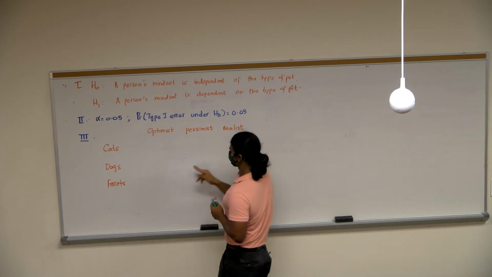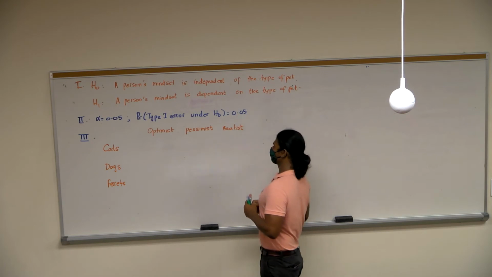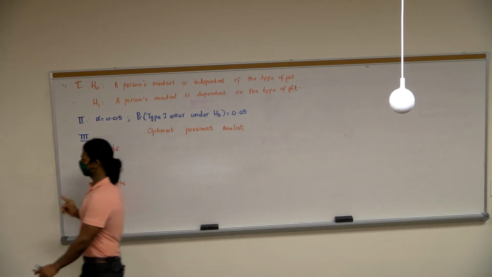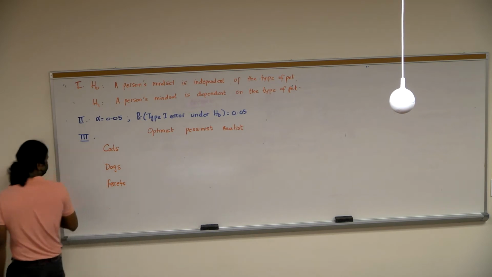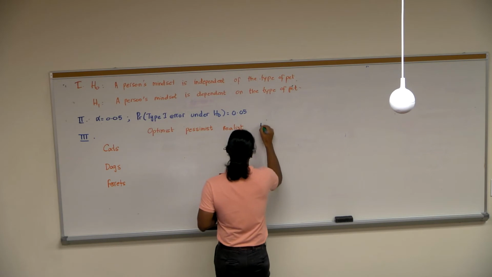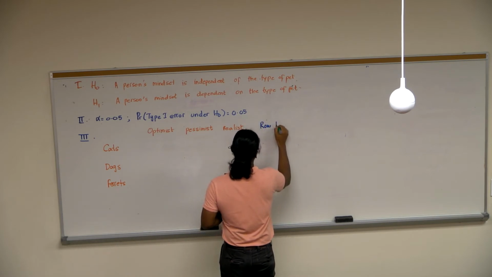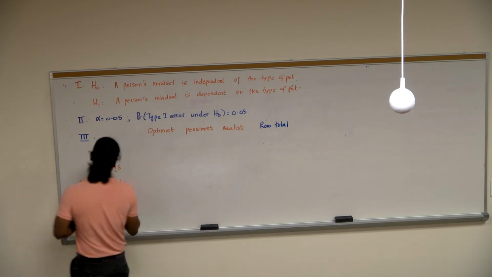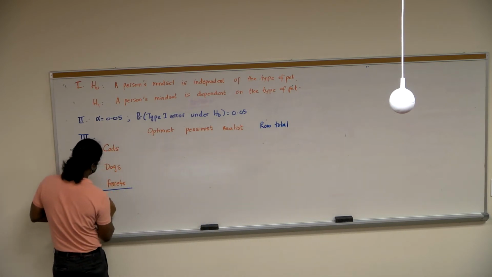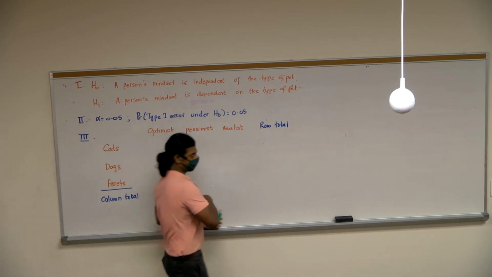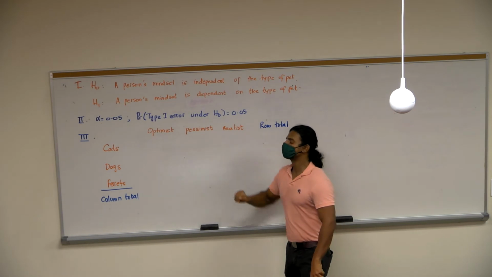So we want to know every single one of them. How do we find that? So we multiply the row total and the column total for each cell.